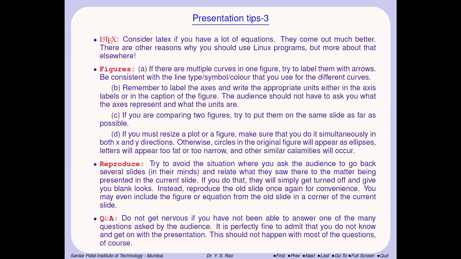So, presentation has equal weightage. Particularly, we have seen it in semester long projects, semester long internship programs, where you are given 15 minutes of time. So, time management, slide management, question and answers, you should thoroughly prepare in an organized manner.